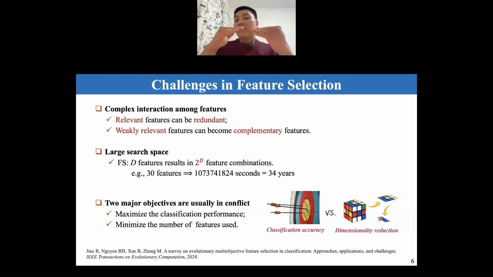And when we keep more important features, then we may have more information that's going to improve the performance. So there is a trade-off between the classification performance and the number of features that we have to consider during our selection process. And that's why we say that feature selection is a multi-objective problem.